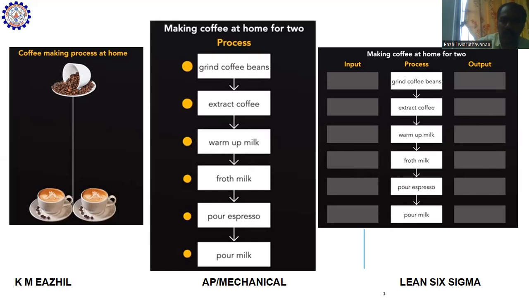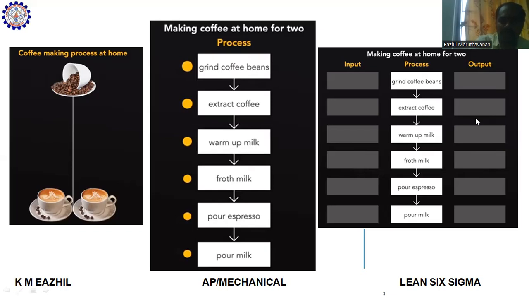Then we have to warm up the milk, pour the milk, and mix the coffee and the milk together. If we need extra milk, we have to pour more milk. If we want to add sugar in between, then we have to add the sugar. These are the detailed process steps that we have to take into consideration for making the coffee.